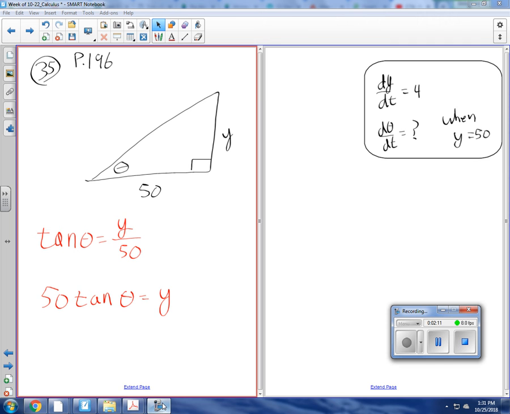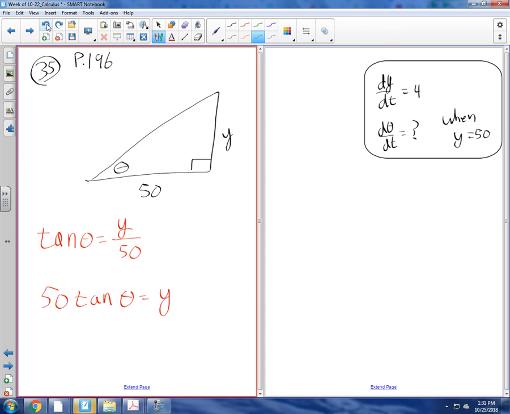Even though the 50 isn't the one that's changing, that's okay. You can still use tangent, exactly. Unless they gave some information pertaining to how far the guy was from the balloon, which is now this, but they haven't talked about this at all on this equation, so I'm assuming I don't care about it, and that means I can just look at this, which is a lot better. So that's where we're at.